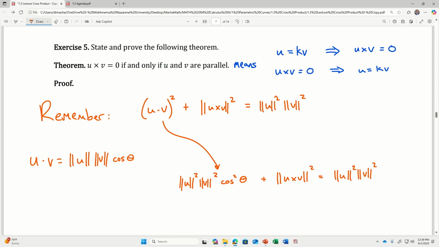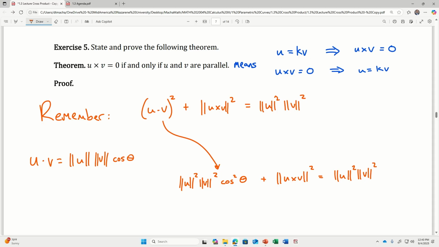Okay. So if u and v are parallel, what does that mean about theta? Parallel vectors have what theta? 0. Yes, the angle between parallel vectors is 0.